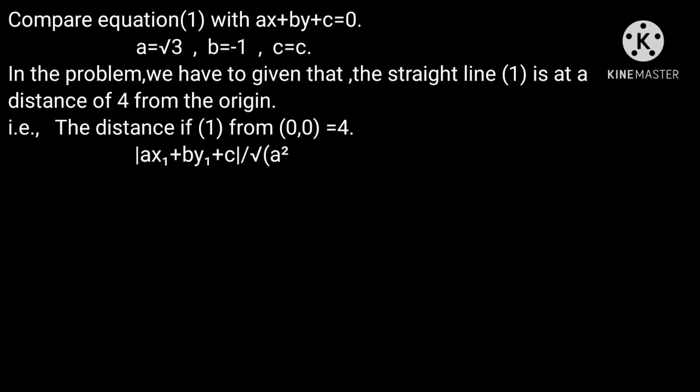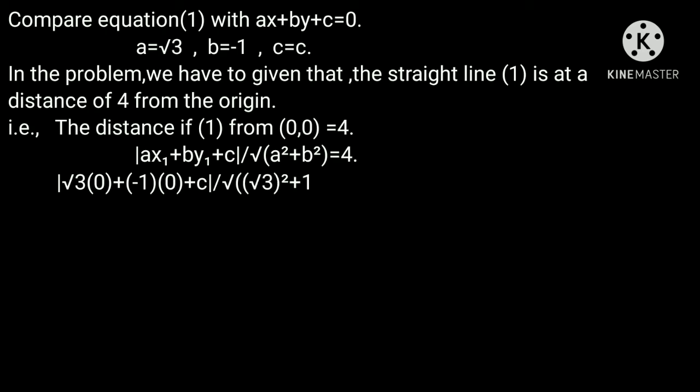That value is given equal to 4. Substituting the x1, y1 values and the a, b values, mod of (root 3 into 0 plus minus 1 into 0 plus c) by square root of (root 3) whole square plus 1 square, equal to 4.